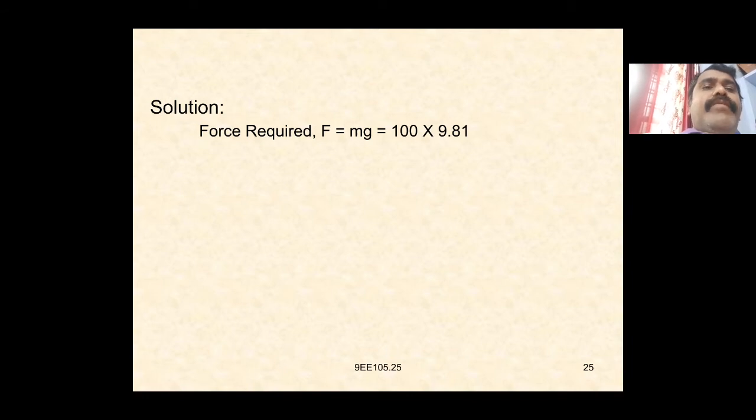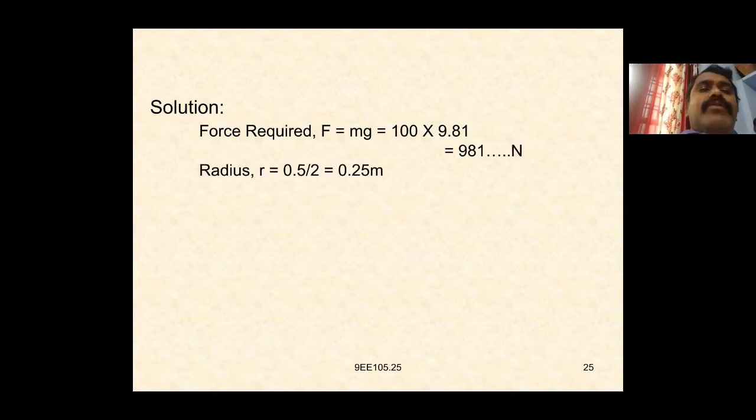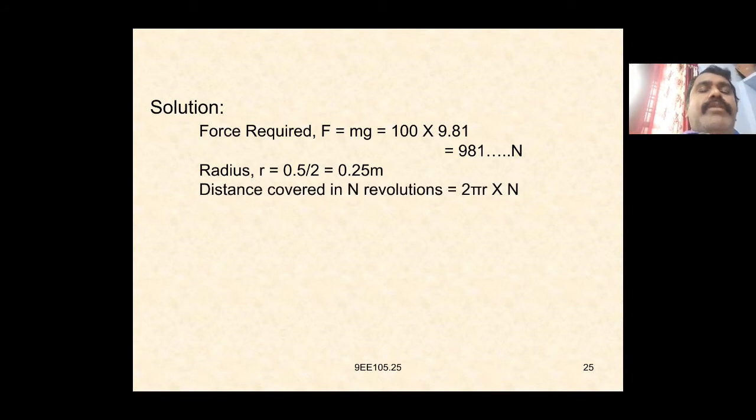Force required F is equal to mg, that is 100 into 9.81 Newtons, which is 981 Newtons. Radius r is equal to 0.5 divided by 2, which is equal to 0.25 meters. Distance covered in n revolutions is equal to 2 pi r into n, which is 2 pi into 0.25 into 50, which is equal to 78.54 meters.